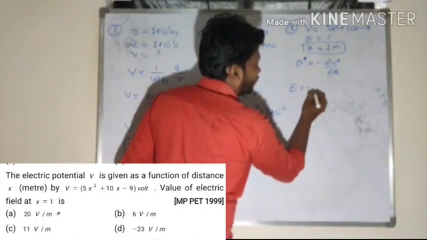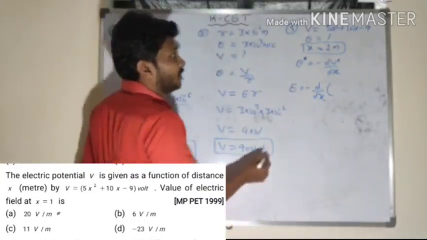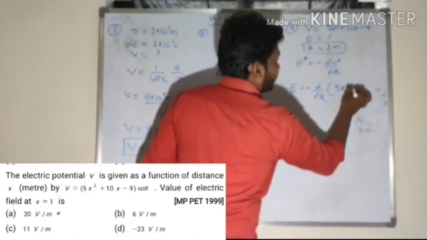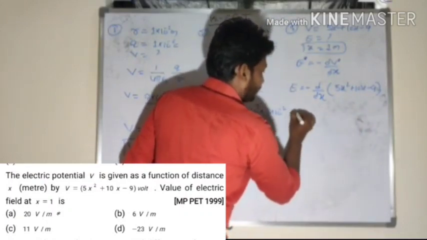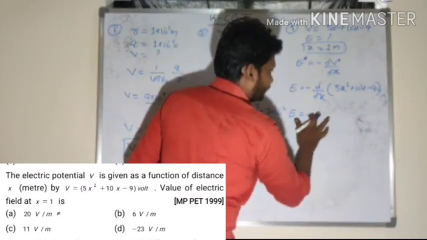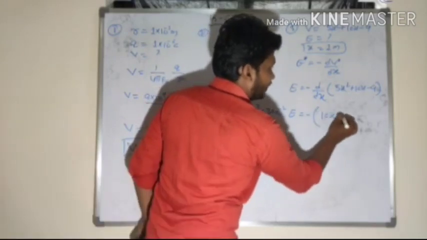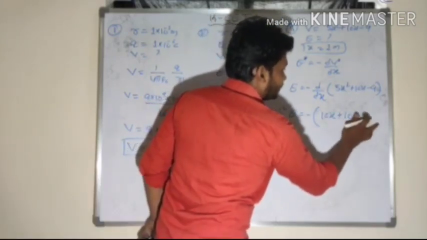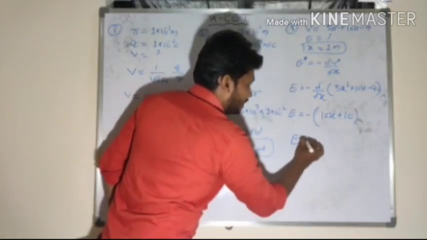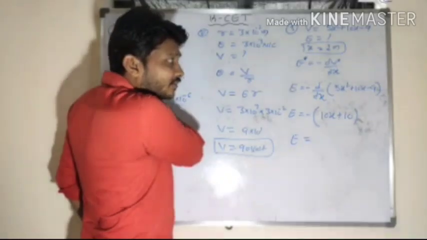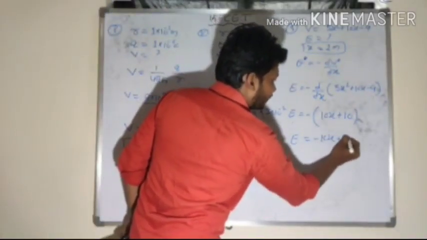So E is equal to minus d by dx of 5x square plus 10x minus 9. Differentiation of 5x square gives 10x, plus 10. Differentiation of a constant number is 0. So E is equal to minus of 10x plus 10 here.